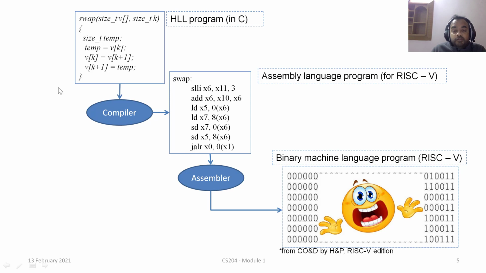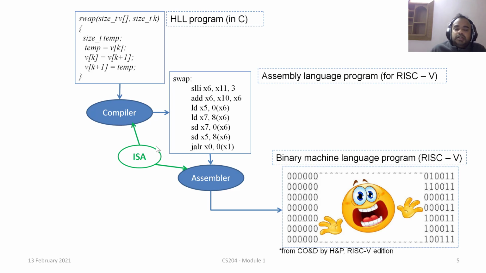Now, what we are mostly used to or exposed to are debugging and making corrections, everything at the high level. So this is the biggest benefit of high level language. It even helps in debugging and correcting the code.